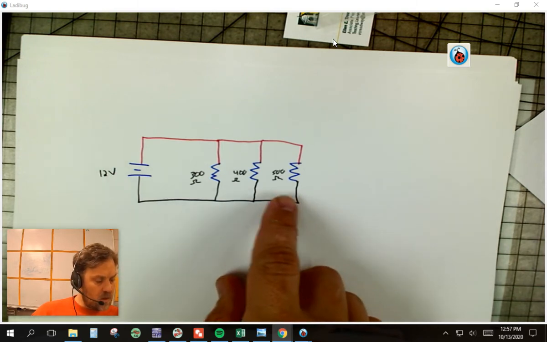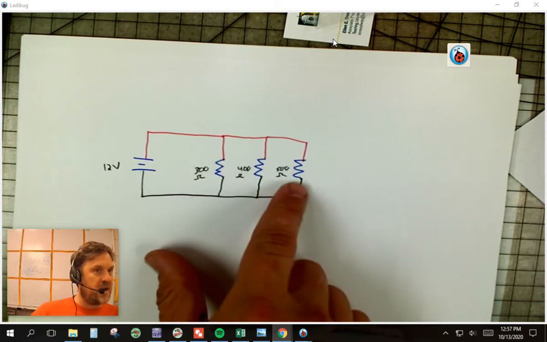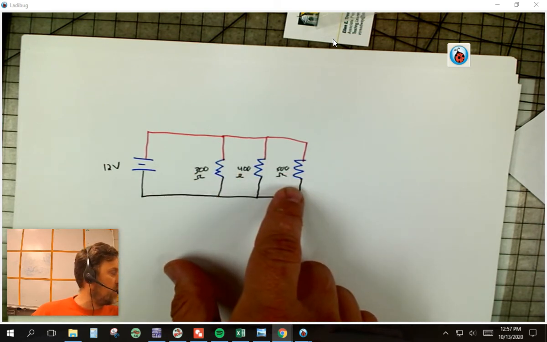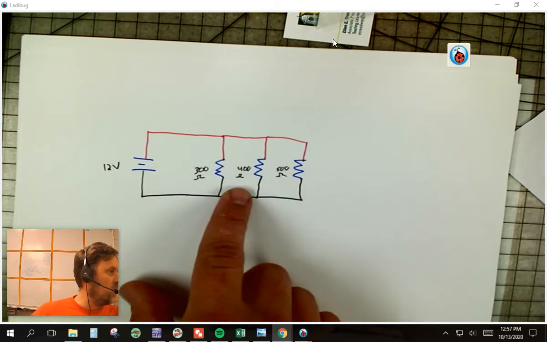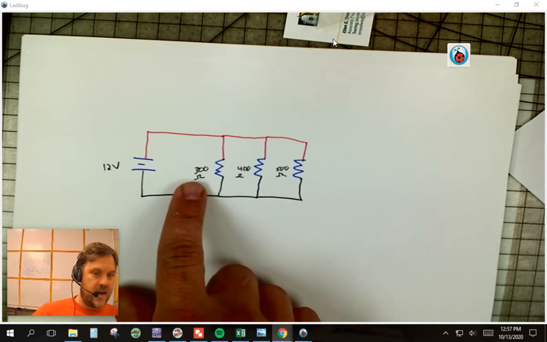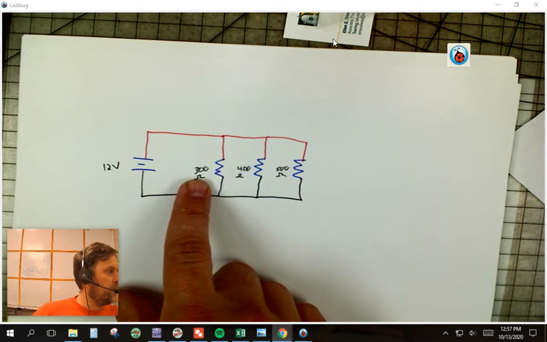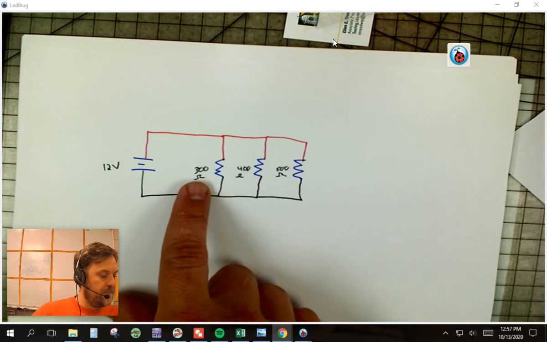So if I just looked at that and asked which of these branches is going to have the most current flowing through it, it's going to be the one with the least amount of resistance, right? So you can look there and say, well, this one right here is going to be that one.